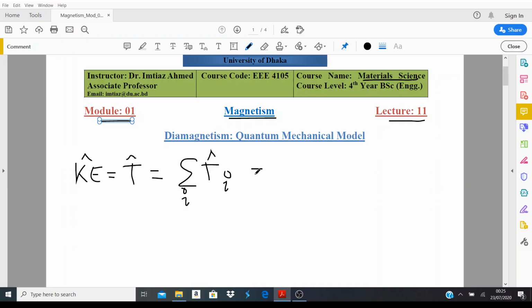And usually, if you are not considering magnetism, then this Ti, the kinetic energy, is defined as Pi, the momentum of the ith electron, which is an operator, squared, divided by the mass of the electron, right?